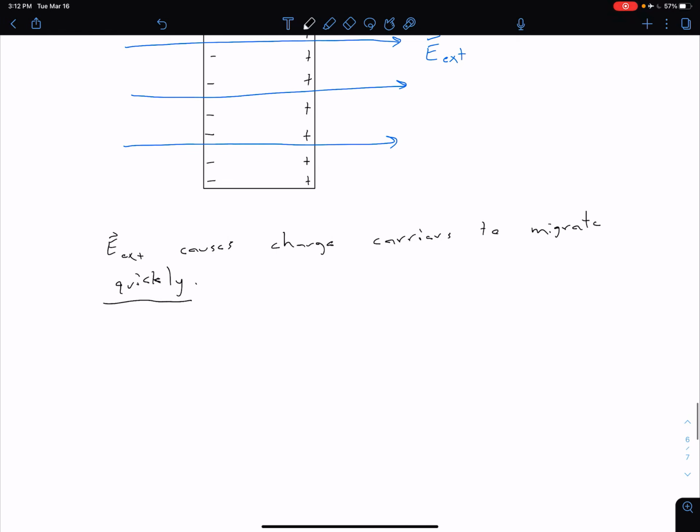So again, let's write down some of these things. Our free charge carriers are going to accumulate on the conductor's surface, as I've drawn above. Note that it's on the surface, not actually inside the conductor.